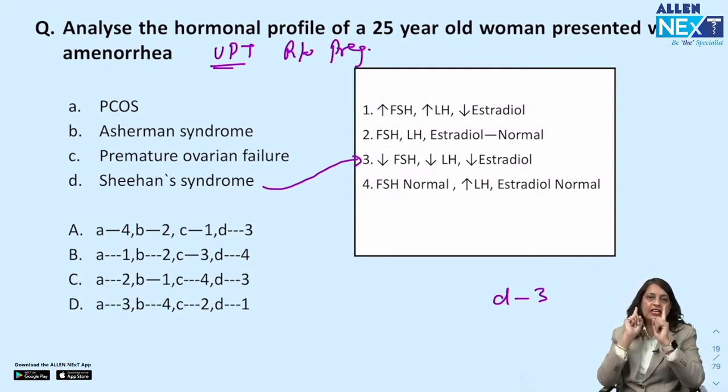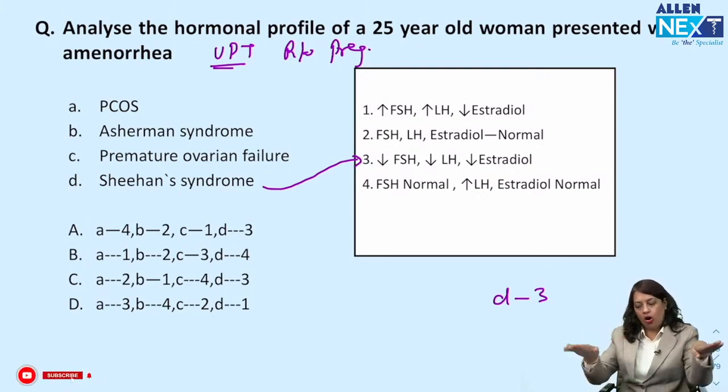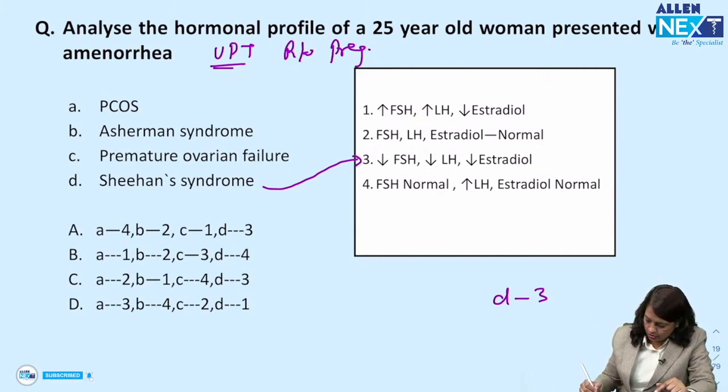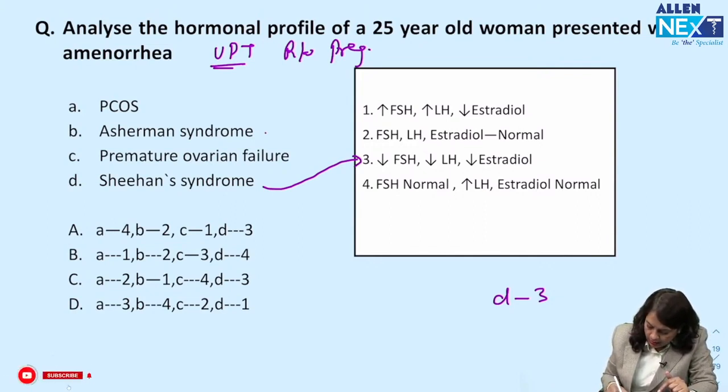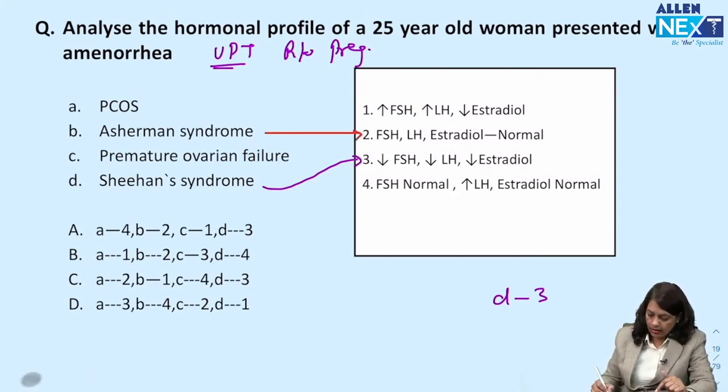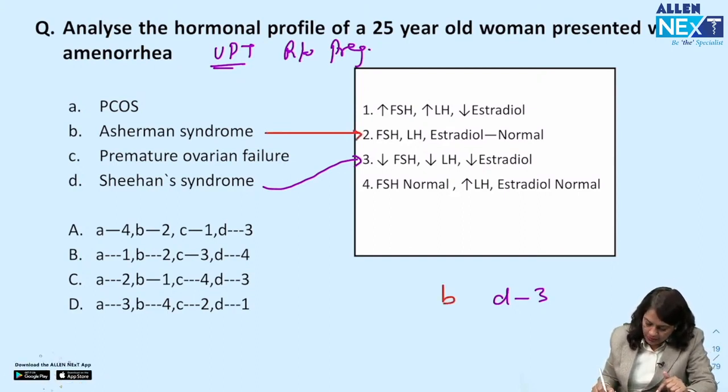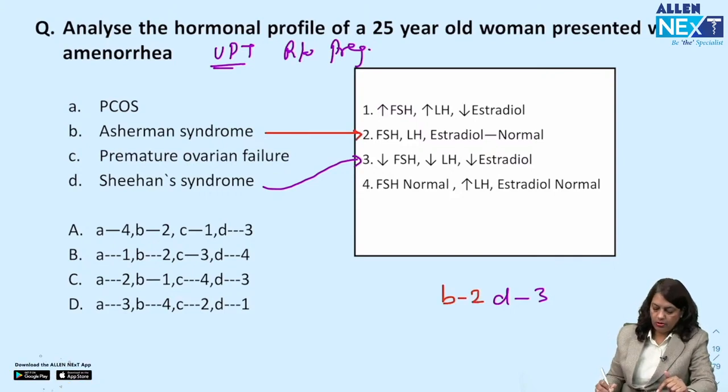So FSH, LH, estradiol all will be normal. Asherman syndrome is matching with this one. Okay, so I have got B option as 2.